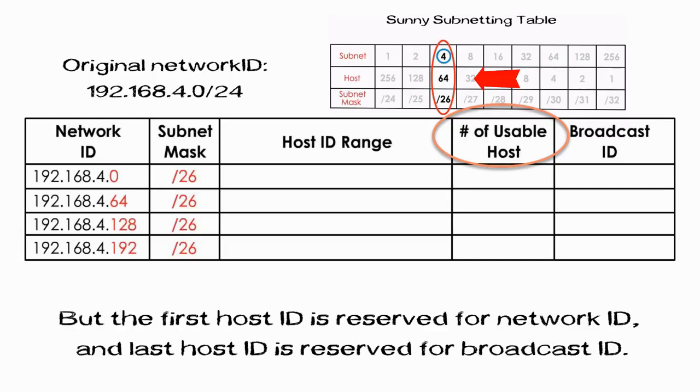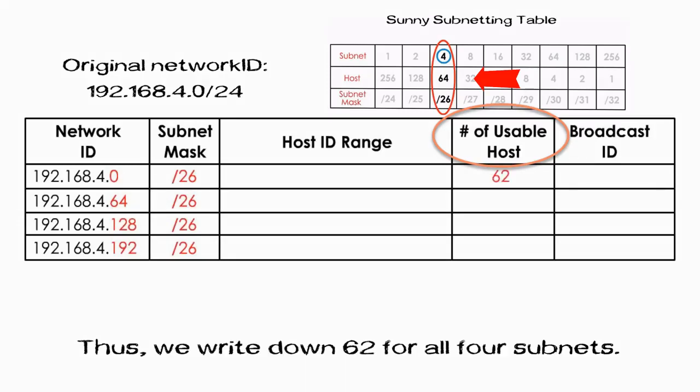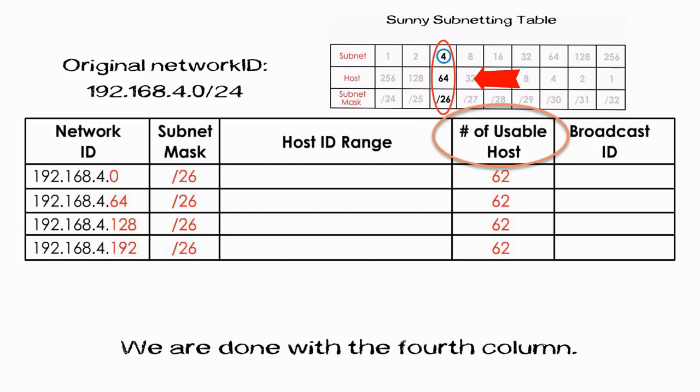But the first host ID is reserved for the network ID, and the last host ID is reserved for the broadcast ID. Thus, the number of usable host IDs is 64 minus 2, which is 62. Thus, we write down 62 for all 4 subnets. We are done with the 4th column.